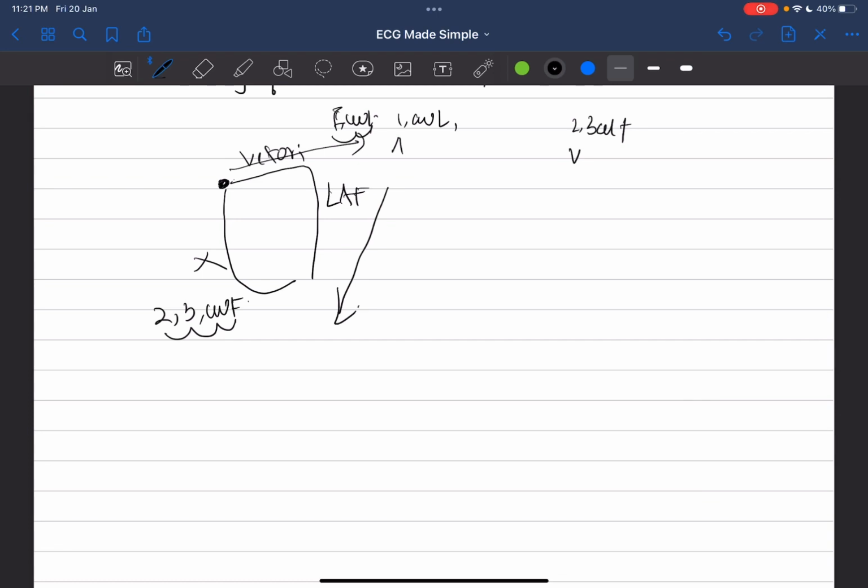So this will be the first wave, and then the main wave of depolarization will produce significant Q waves, significant R waves. The main wave of depolarization will produce a significant R wave in 2, 3, aVF. So you have a QR complex in 2, 3, aVF, and opposite, an RS complex in 1 and aVL.